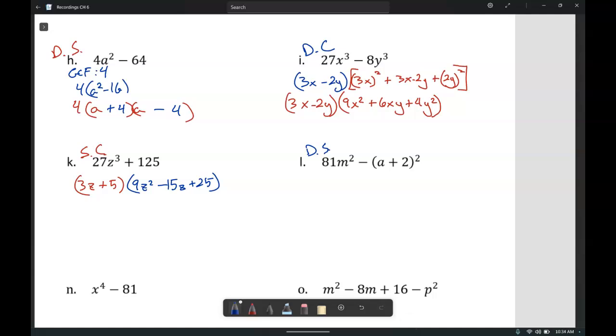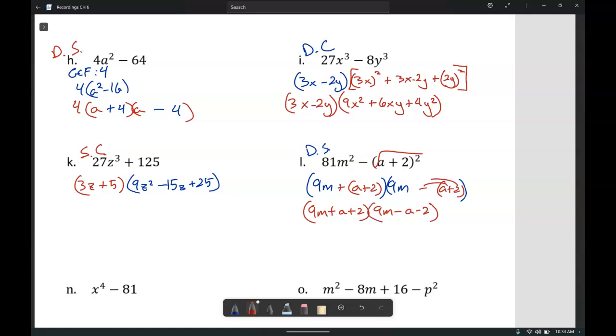Difference of squares, the square root of the first term, the square root of the second term, one plus, one minus. Simplify. Be careful with that distribution in the negative.